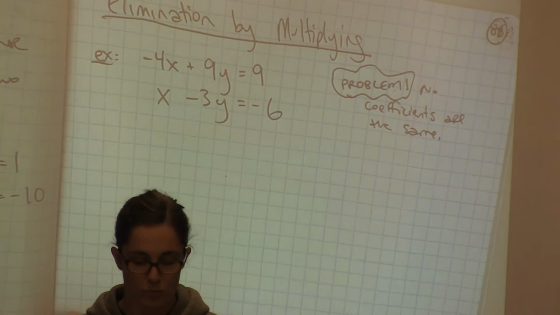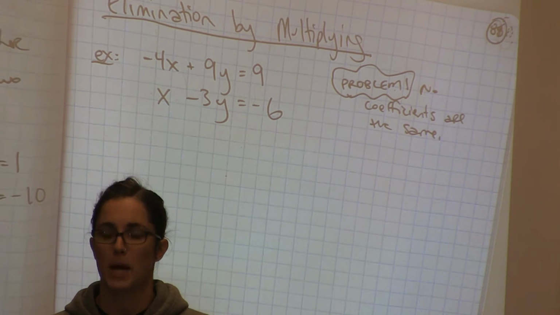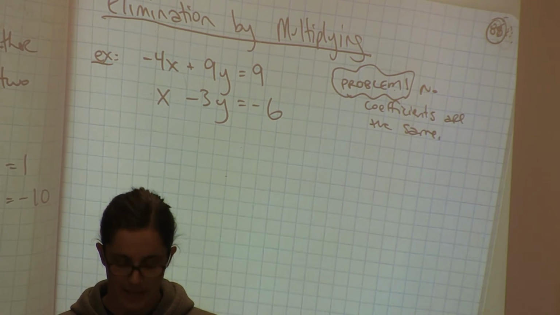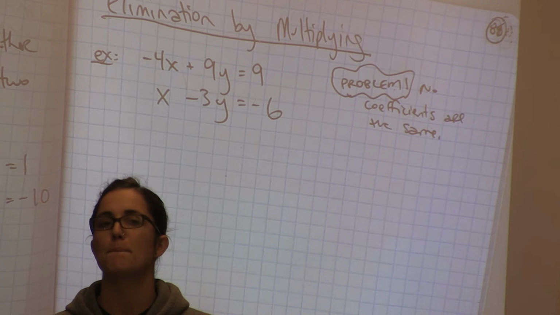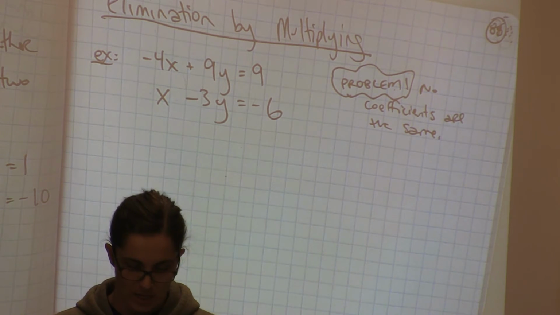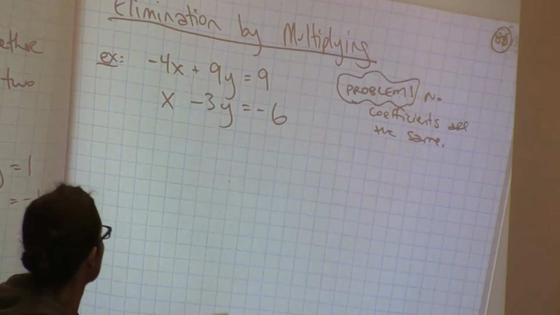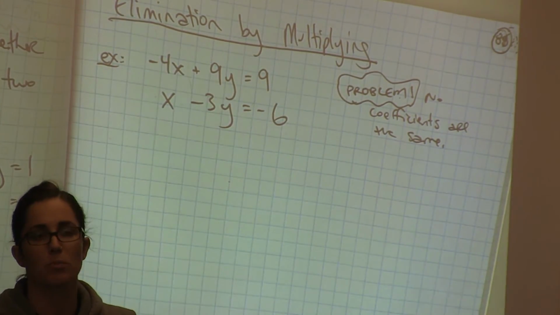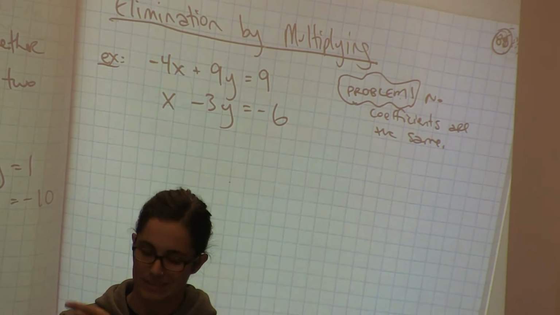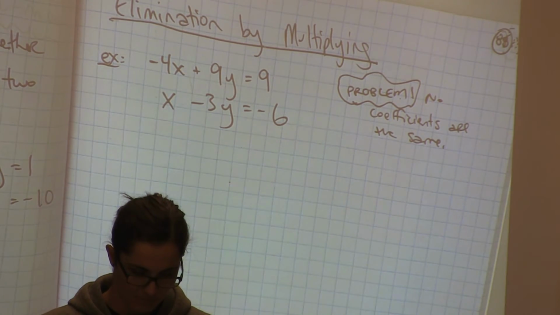We could do a really long substitution problem, but it's not necessary. What we're going to do instead is look at how I could make the coefficients the same. Is there something I could multiply one of my equations by to make the coefficients the same? Couldn't you multiply the bottom equation by 3?